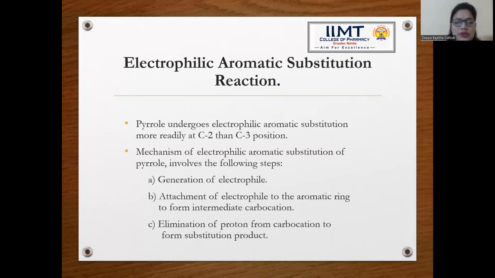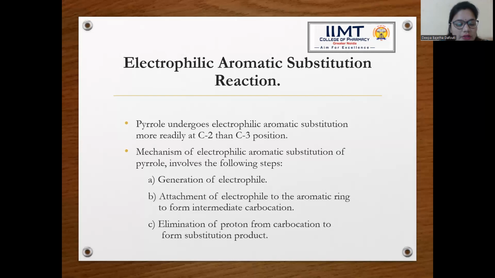If electrophilic substitution takes place at the third position of pyrrole, it will lead to the formation of two resonating structures. The more resonating structures, the more stable the compound. Thus, when pyrrole undergoes electrophilic aromatic substitution, substitution occurs at the second position.